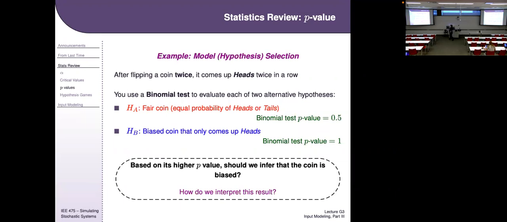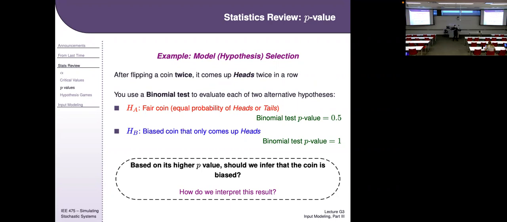So after flipping a single coin, a quarter or something like that, twice, it comes up heads twice in a row. Heads, heads, that's it. So I do a binomial test to evaluate two alternative hypotheses. One, that it's a fair coin, with an equal probability of heads or tails, and one that it's a biased coin.